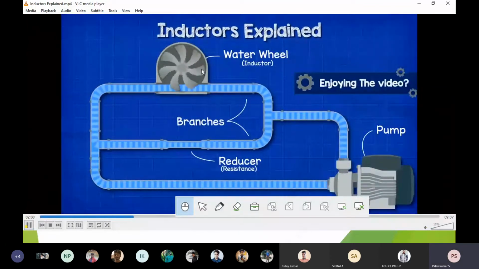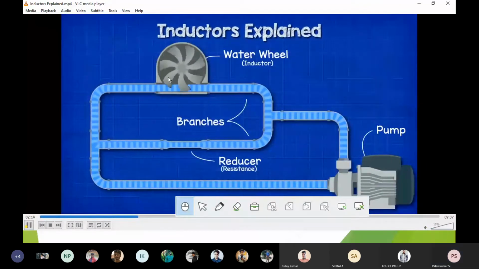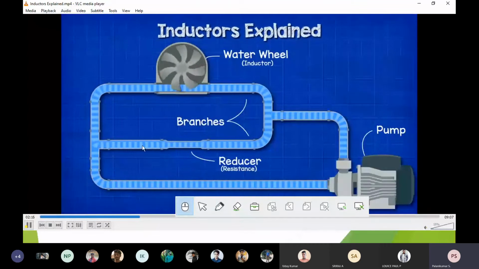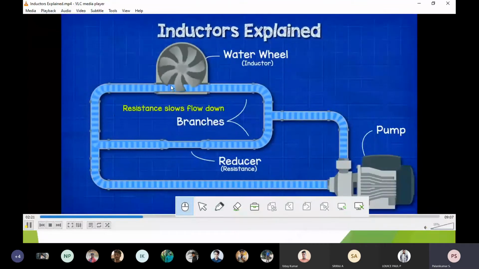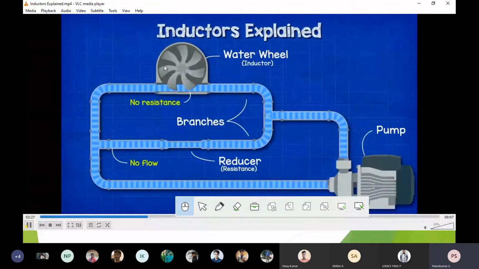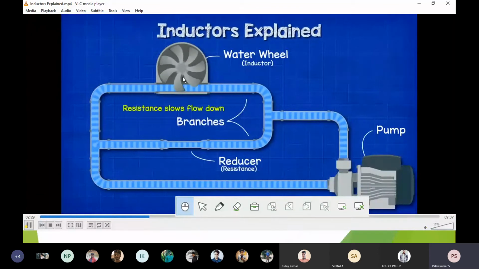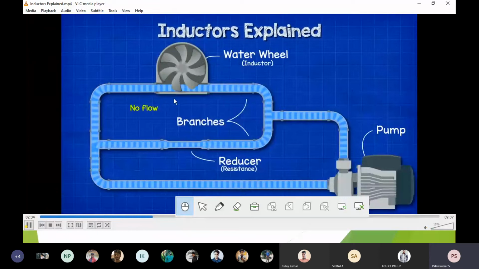Even though I have stopped the pump, because of the energy stored in the water wheel, which is continuously rotating, it will keep on rotating. Because of that, water will now flow in these branches only. Water will keep on flowing in these branches until the energy stored in the water wheel has completely dissipated to zero, and then it will stop.